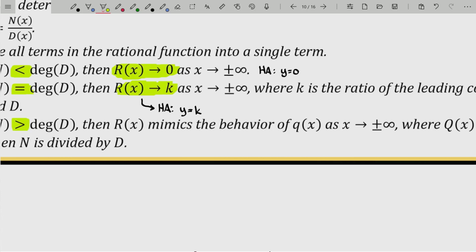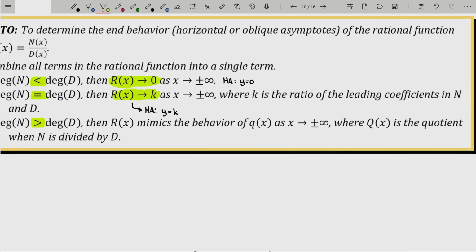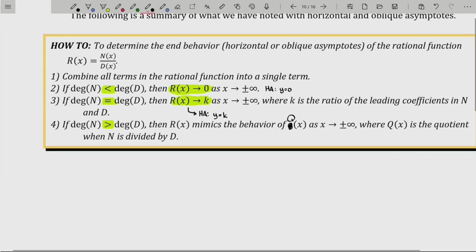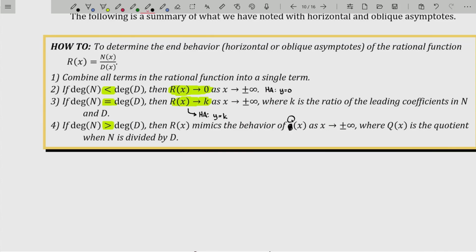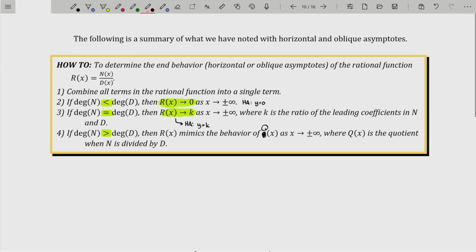Our rational function will mimic that quotient as x goes to plus or minus infinity, where Q of x is the quotient when n is divided by d. That's it. So we will use this when we graph, and that will happen in the next video.